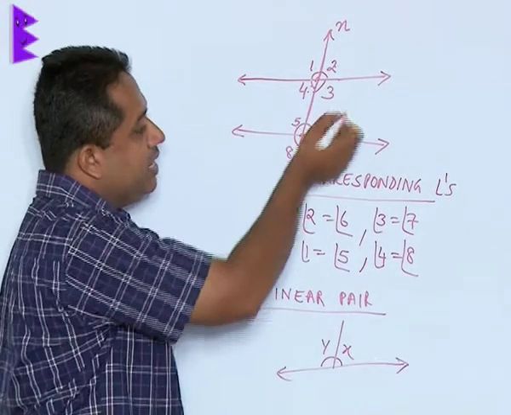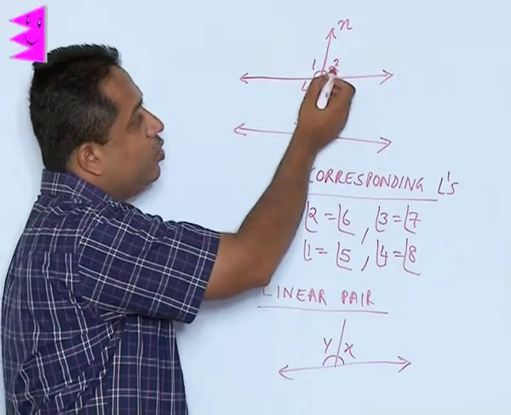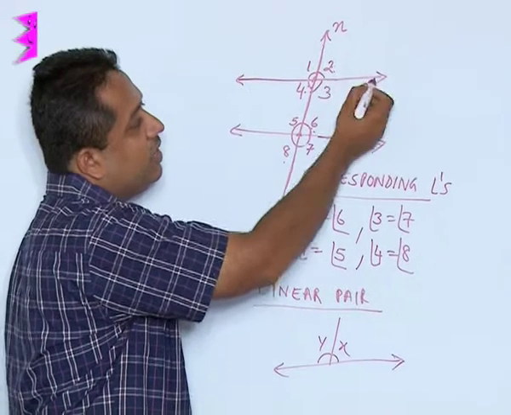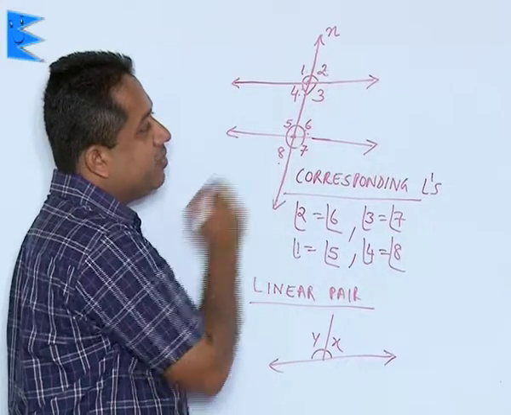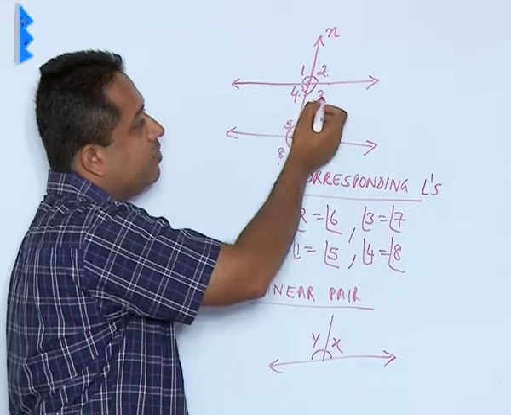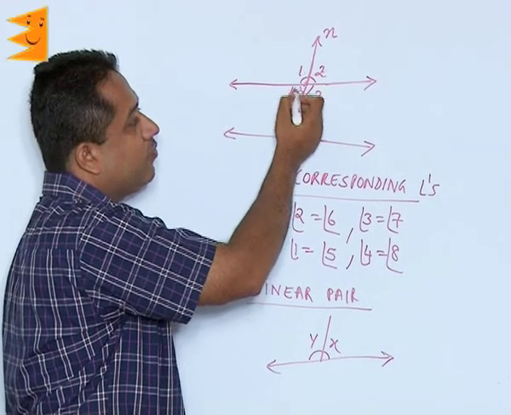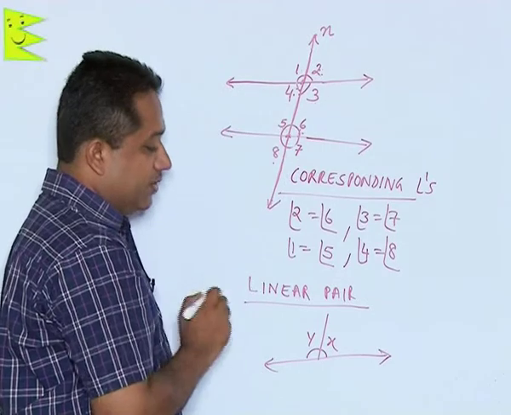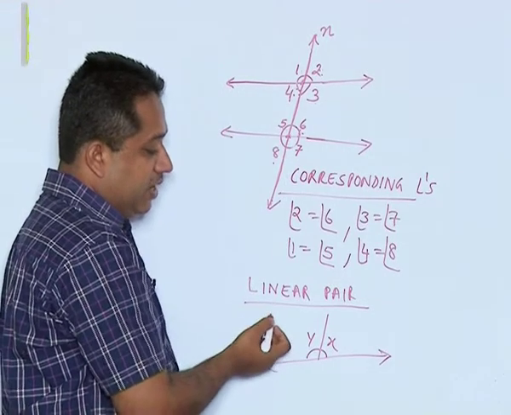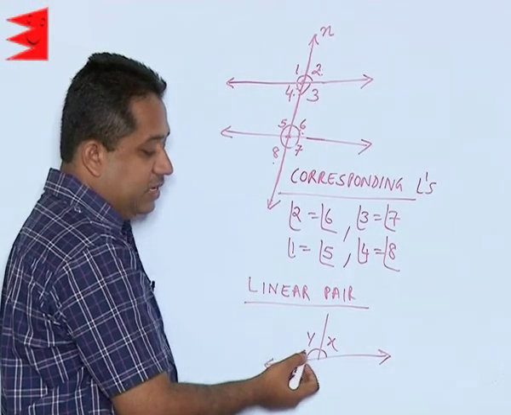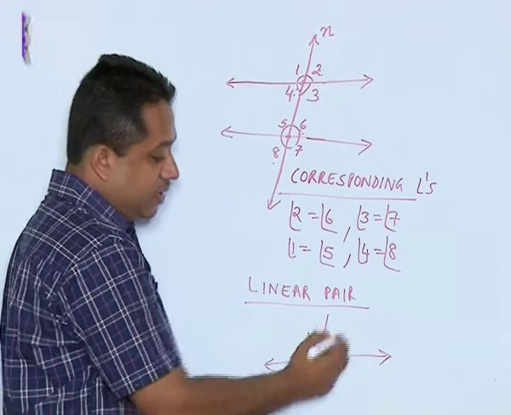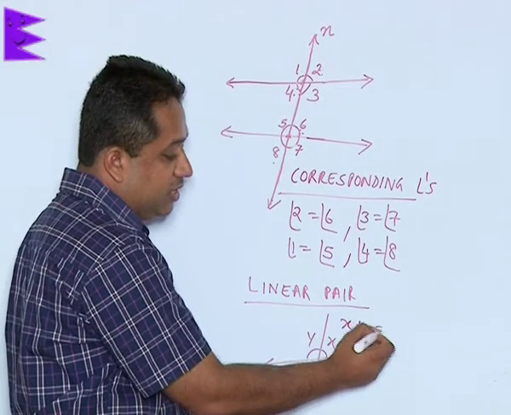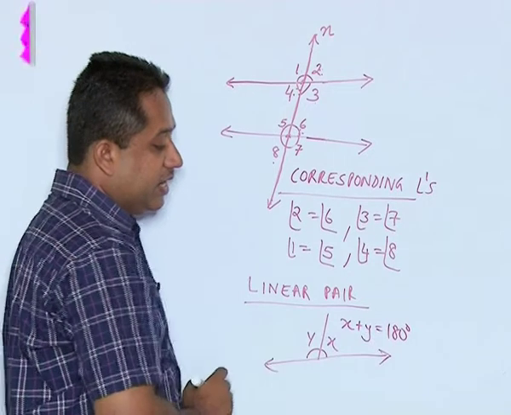So, we have many linear pairs here. 1 and 2 form a linear pair because they lie on a line. 2 and 3 form a linear pair because they again lie on a line. Similarly, we have 3 and 4 as a linear pair, and 4 and 1 as a linear pair. So, by definition, a linear pair is a pair of angles lying on a straight line, and the total of these angles will give us 180 degrees.